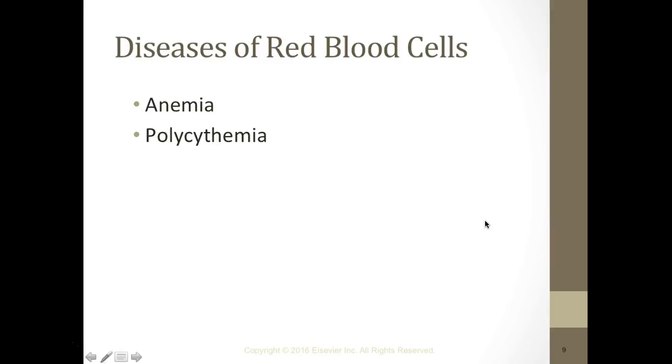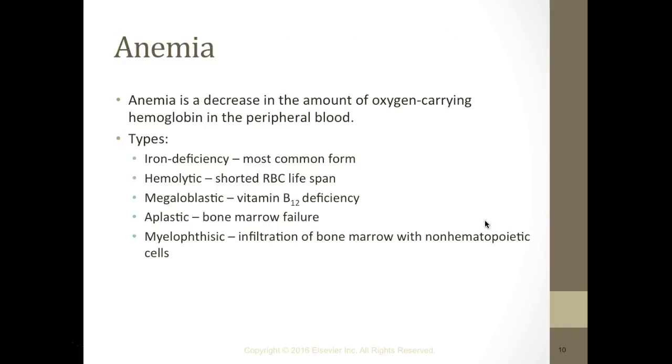So diseases of the red blood cells: you have anemia and polycythemia. So what is anemia? Most females that are menstruating have anemia. It's very common. It's a decrease in the amount of oxygen-carrying hemoglobin in the peripheral blood. The most common type is iron deficiency. There's hemolytic, which is a shortened red blood cell lifespan.